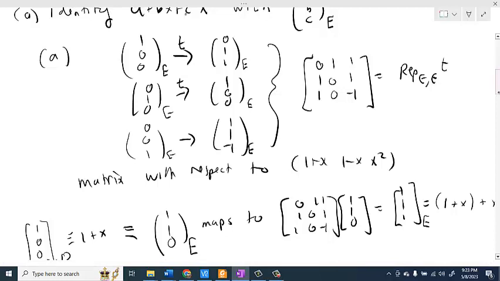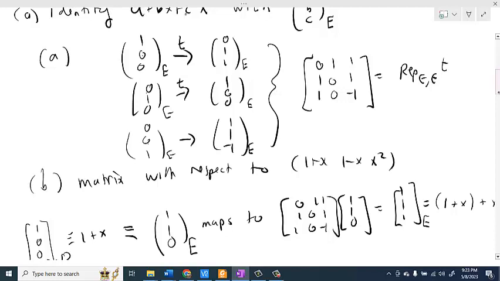And similarly for the third one, right? So the matrix of the transformation is simply the matrix whose columns are the images of these identity vectors.